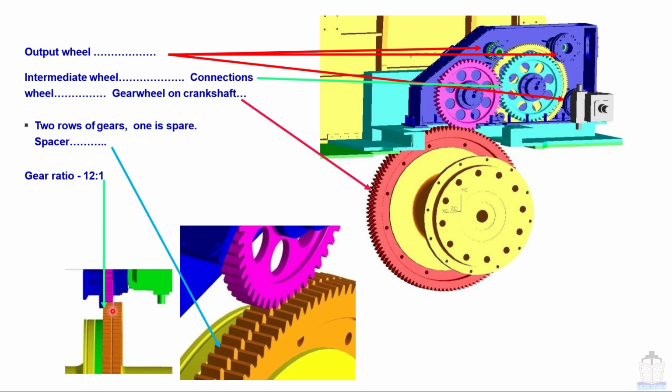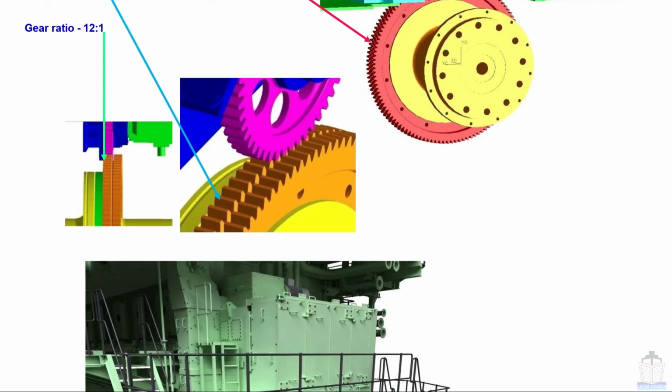The answer is, changing the gears on the flywheel is a very tedious job, whereas changing these intermediate gears is easy. That's why two gears have been provided on the flywheel. Here it is written: two rows of gear, one is a spare, separated by a spacer. Gear ratio is 12:1.